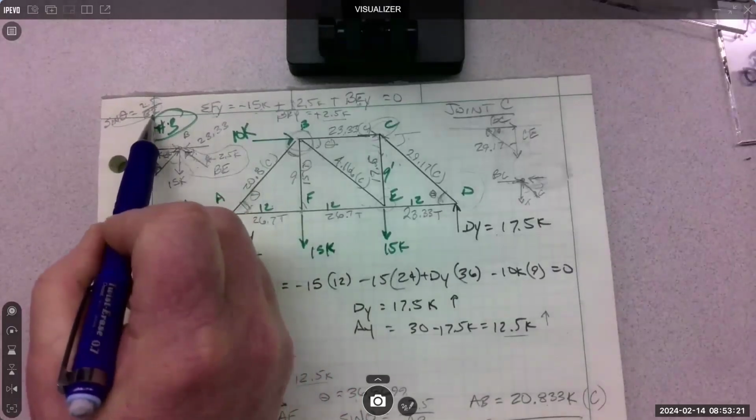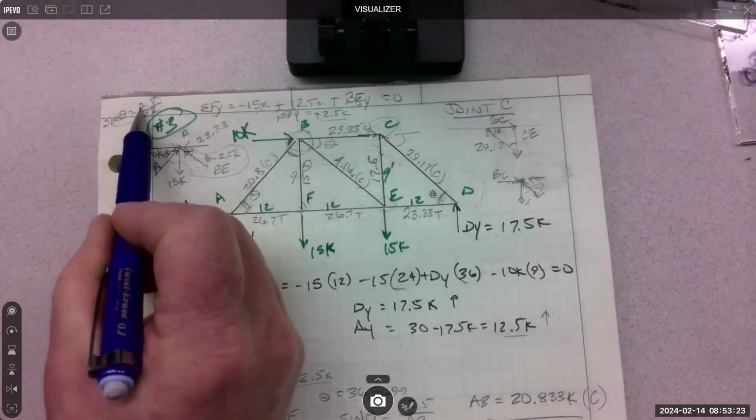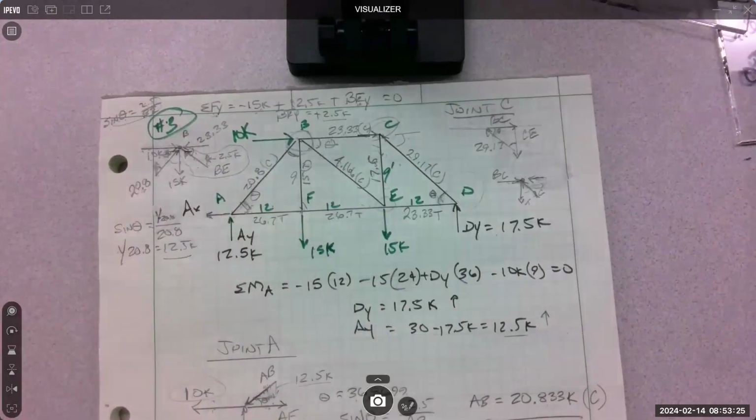Then I solve for BE. These two switch places: 2.5 divided by sine theta. Yeah, the flow's not fantastic here, but money right there, we're making some money, 2.5.